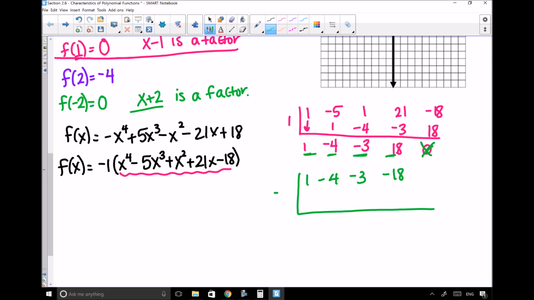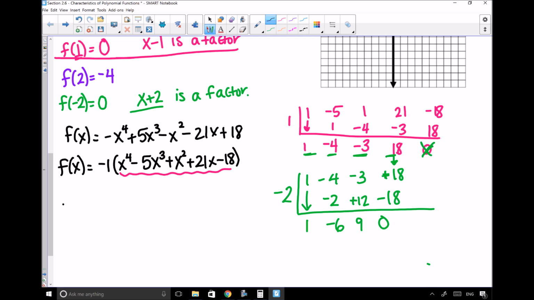So I'm going to bring down this 1. 1 times -2 is -2. -4 and -2 put together is -6. -6 times -2 is +12. -3 plus 12 is 9. 9 times -2 is -18. Sorry, I apologize. This should have been a +18 that we brought down right here. So now I have a remainder of 0. So that works for me.